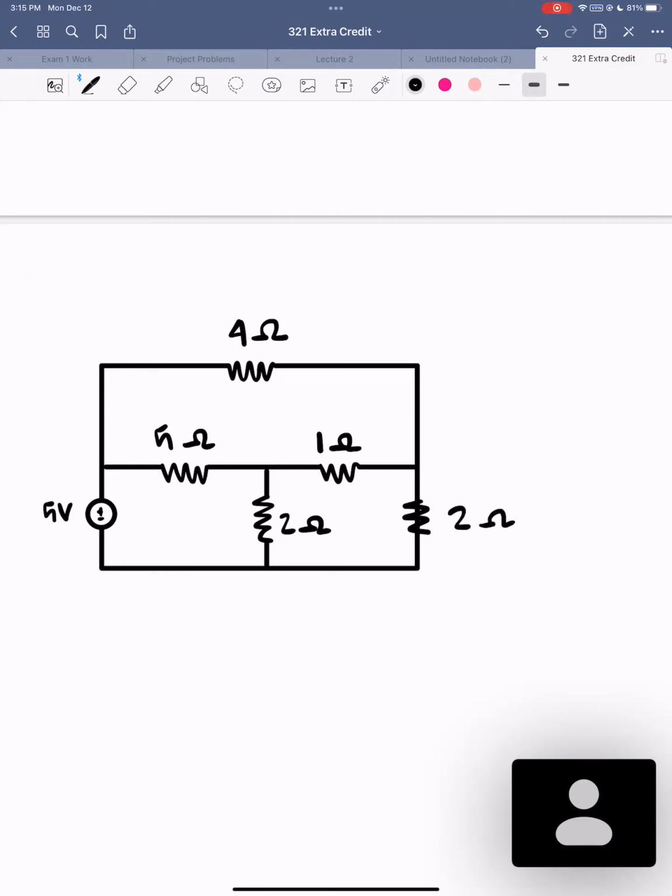Okay, so we want to find VA, VB, and VC. So we have three nodes that we're going to be finding. So we're going to put VA right here, VB here, VC, and then this is going to be our ground, which we're going to label V out.